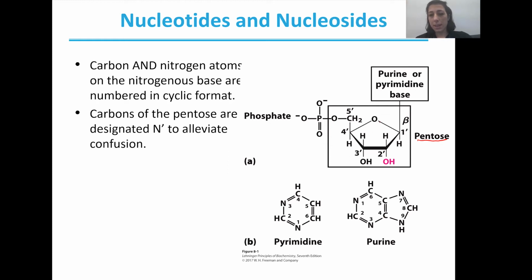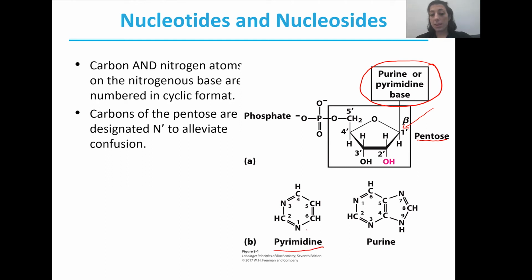And you can see this is the basic cyclic structure of a sugar, and attached to its glycosidic carbon is where the base for our nucleotide, our nitrogenous base, will be attached. There are 2 types of nitrogenous bases found in our nucleotides, and they are generally classified as pyrimidines.